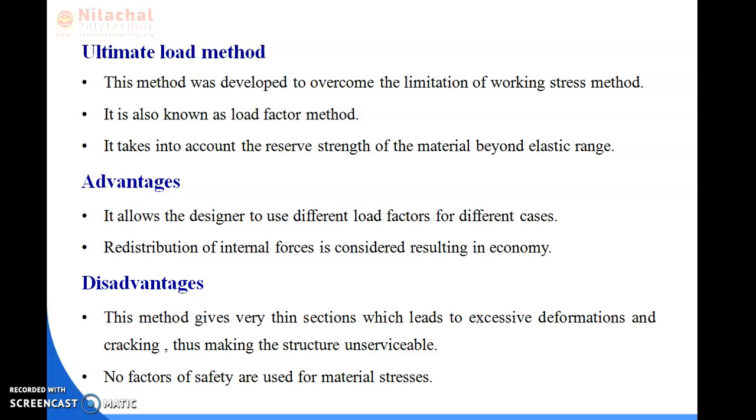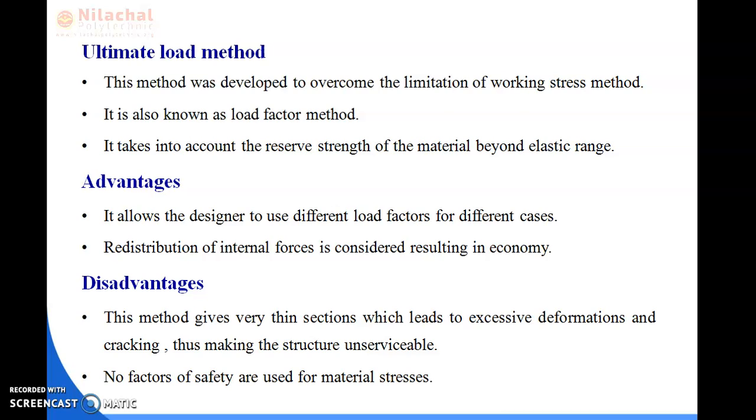It is also known as the load factor method. It takes into account the reserve strength of the material beyond the elastic range.